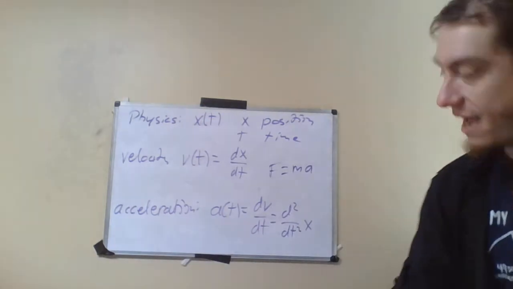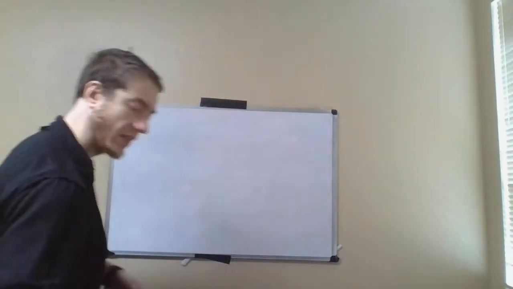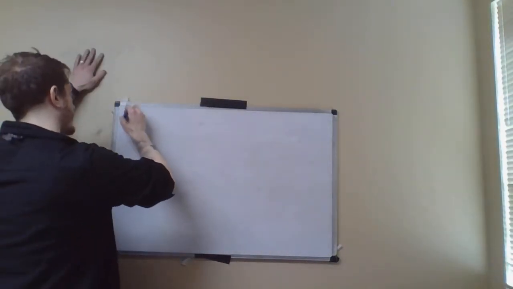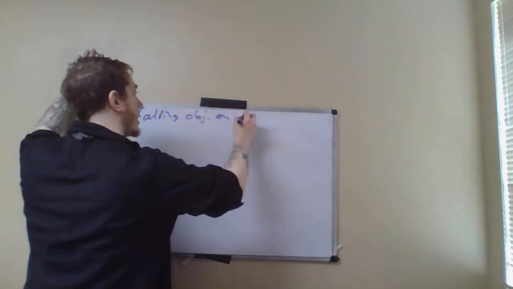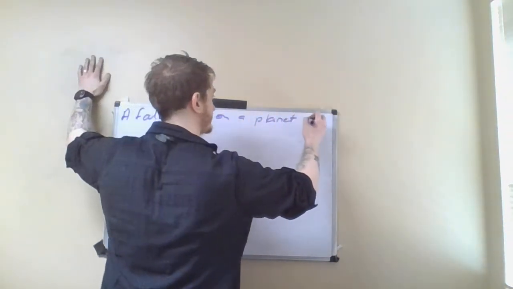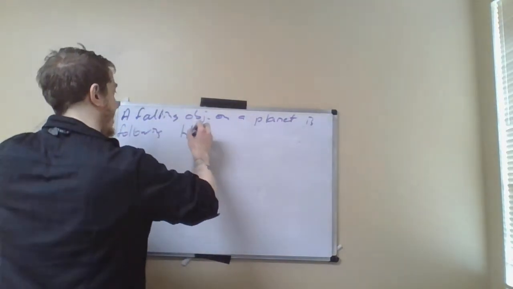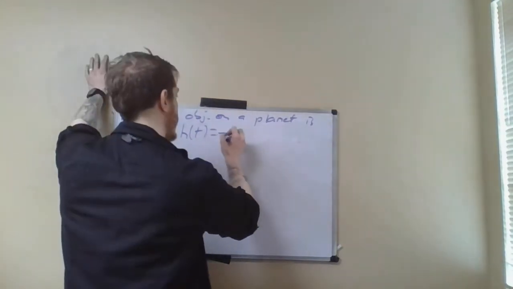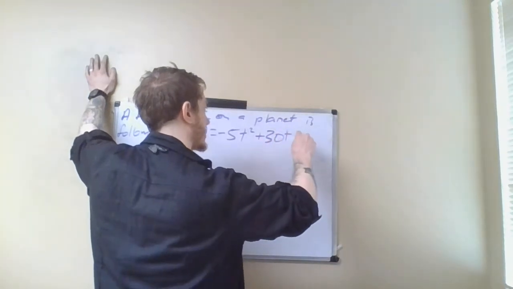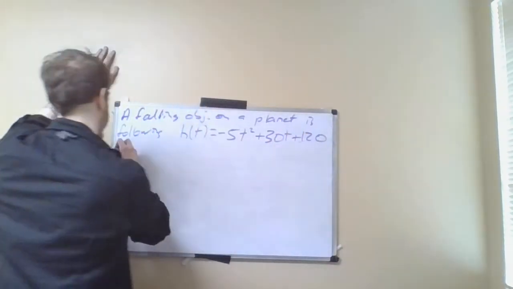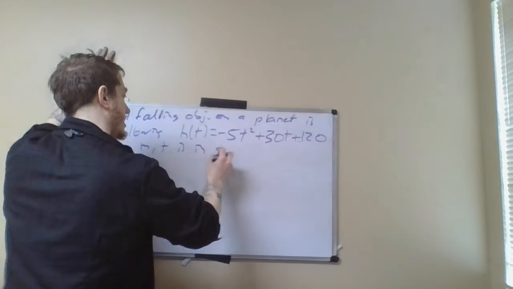Now, we can take a look at some examples of this sort of thing. So let's say that a falling object on a planet is following h of t equals negative 5t squared plus 30t plus 120 in meters, where t is given in seconds.